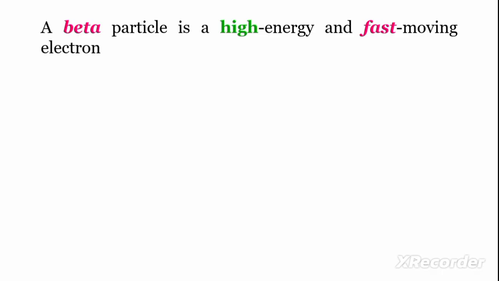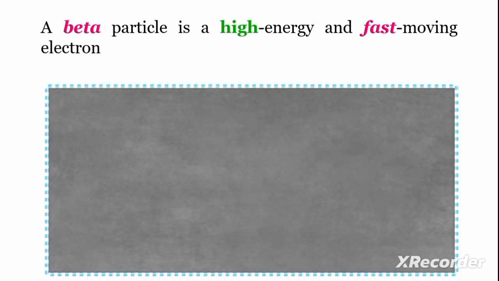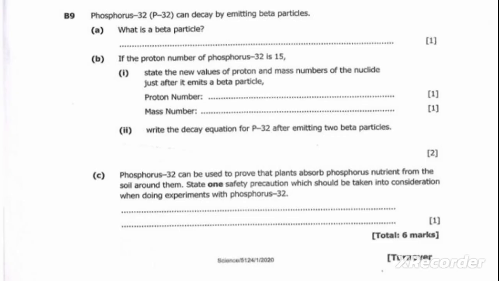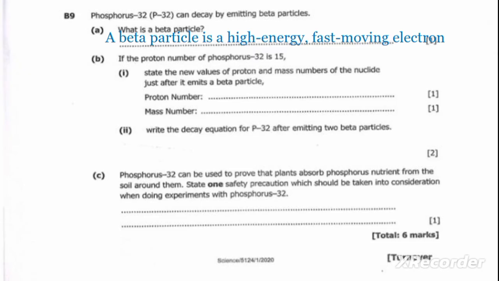Without wasting time, let us just say a beta particle is a high energy and fast moving electron.